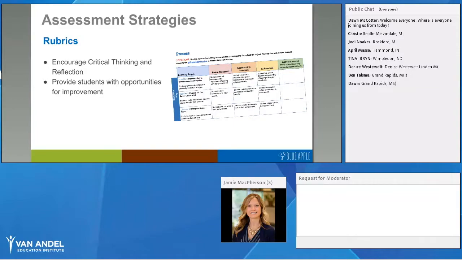We don't want students to leave school and really find no value in the assessments that they have taken. When we bring up testing or assessment to students, it usually comes with kind of a negative connotation, and we don't want that. We want our students to feel that the assessment is part of the learning process and that there's actually value in that.